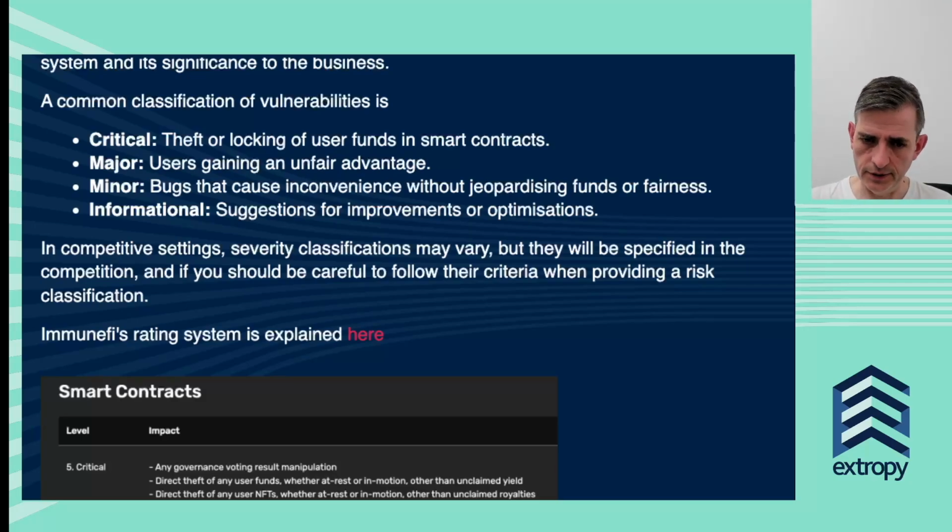Now, what I've said so far really applies to when you have a client audit. The situation, if you are in a competition, is a little bit different in that the categories will be supplied for you. The competition will have documented what categories are available for you to choose from. They will also have provided the criteria that you should use when you're deciding the risk category.